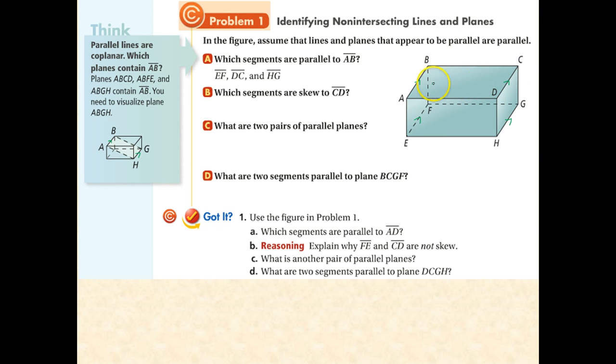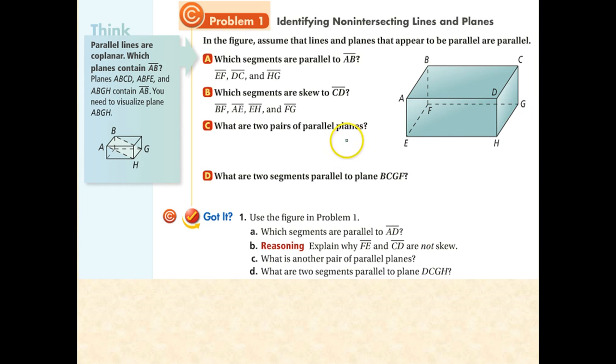So something that's not in plane ABCD and not in plane CDHG and also doesn't intersect CD. So I got segment FG looks skew to CD. Segment EH, segment AE, segment BF. Are there more? Let's see. We got BF, AE, EH, and FG. Yeah, those are them.